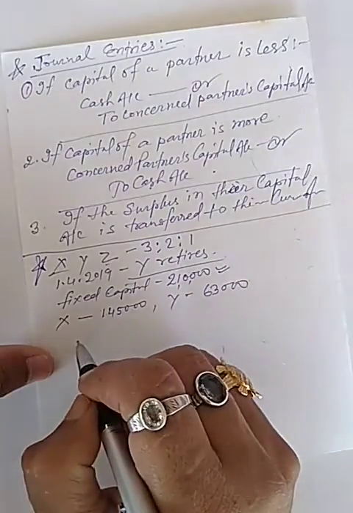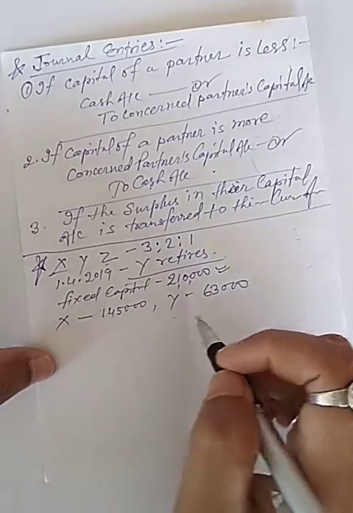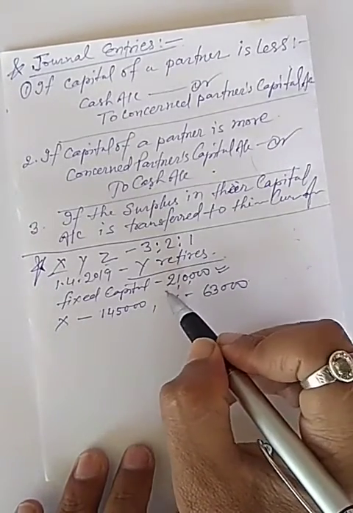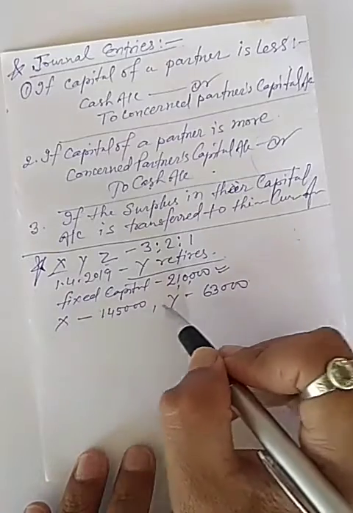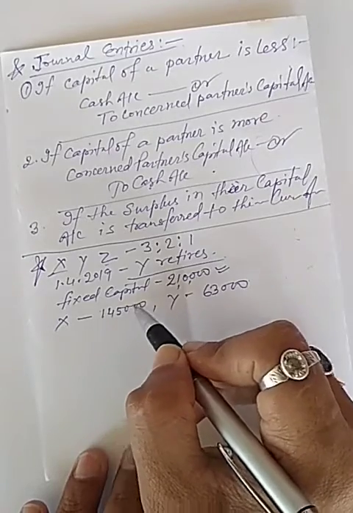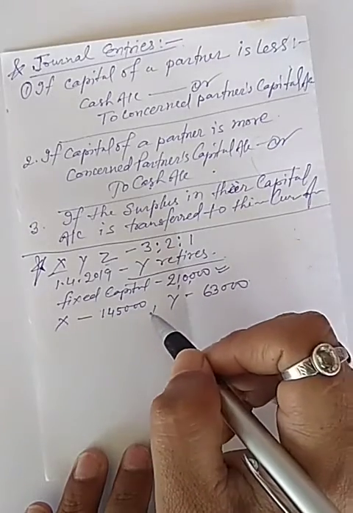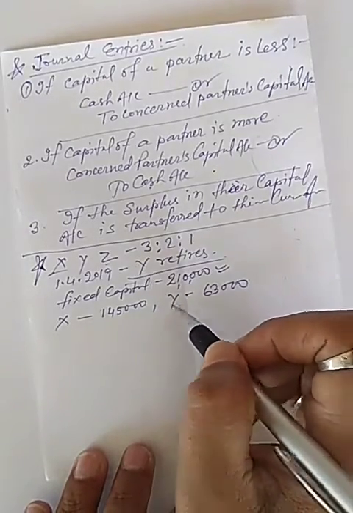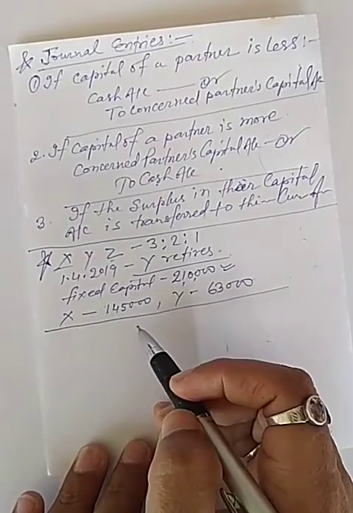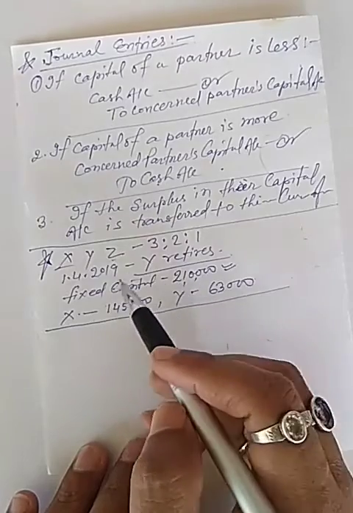State the actual cash to be brought in or to be paid off to partners. Means, any partner with excess capital will withdraw from the firm, and with shortage of capital will bring cash into the firm. So how much amount will be brought or withdrawn by X and Z, I have to calculate in this question.